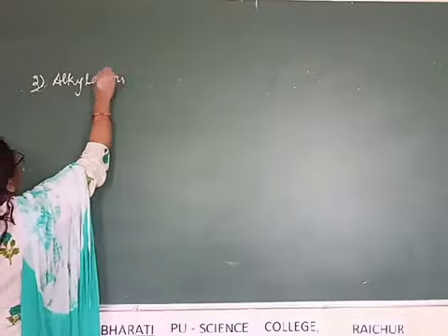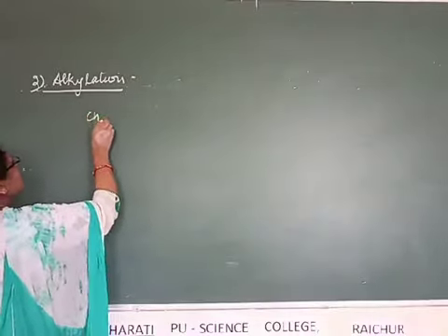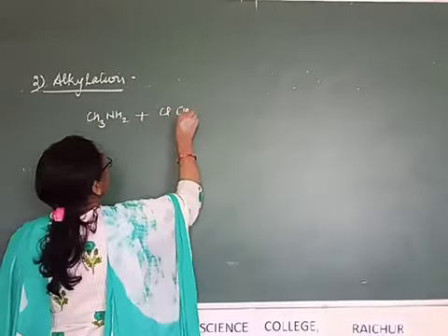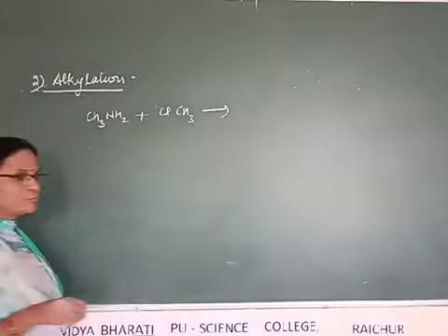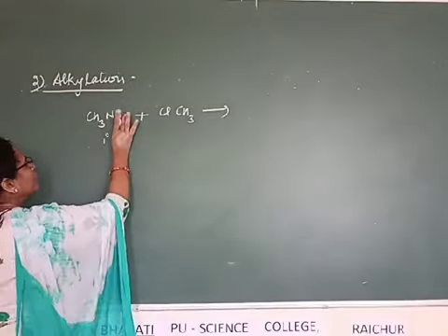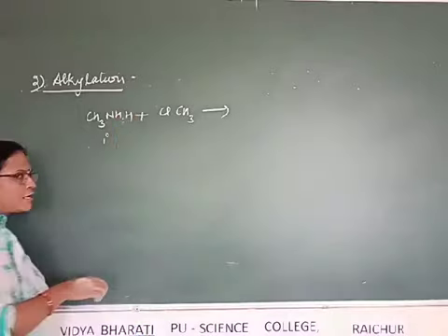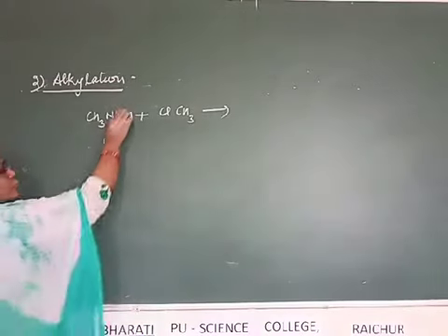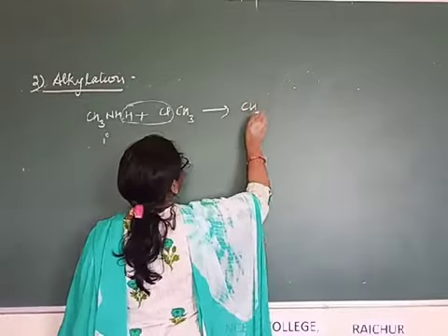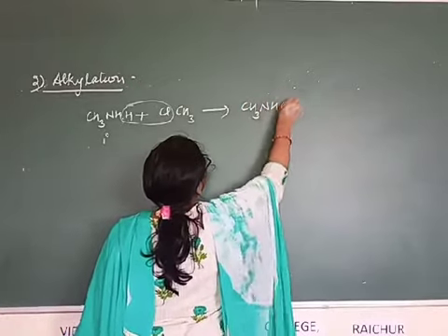This reaction you have actually studied in ammonolysis, in the preparation of amine, that when amines are treated with haloalkane. This is primary amine. So HCl will be removed and an alkyl group is introduced.